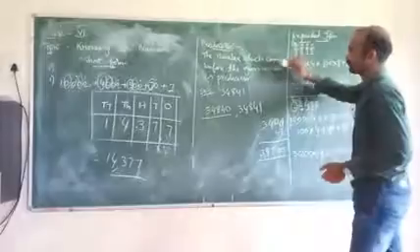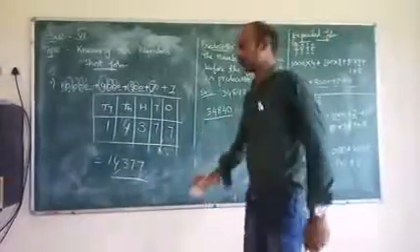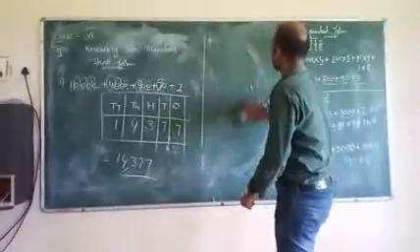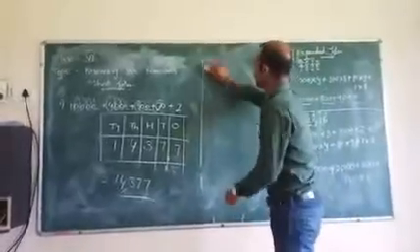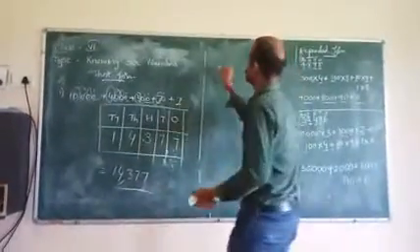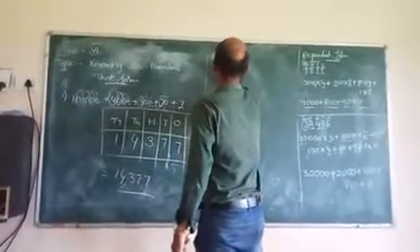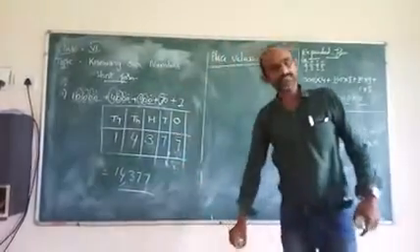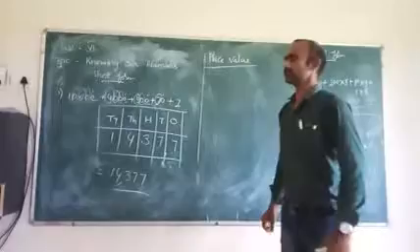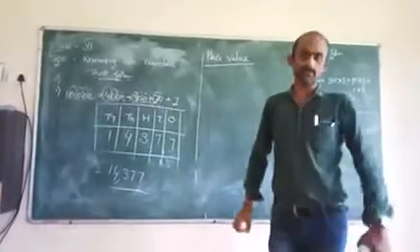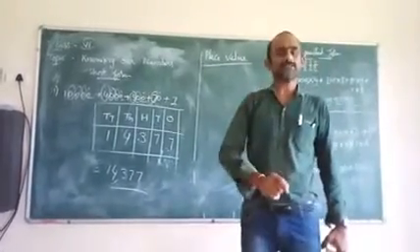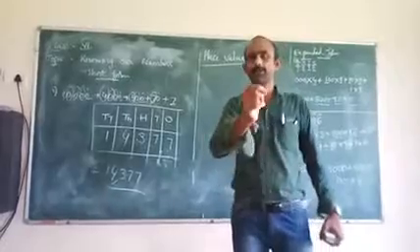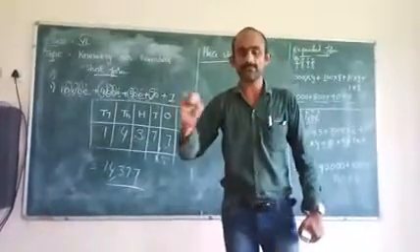Now another important point is place value. What is called a place value? What is the definition of place value? The multiplication or the product of a number and its place is the place value.